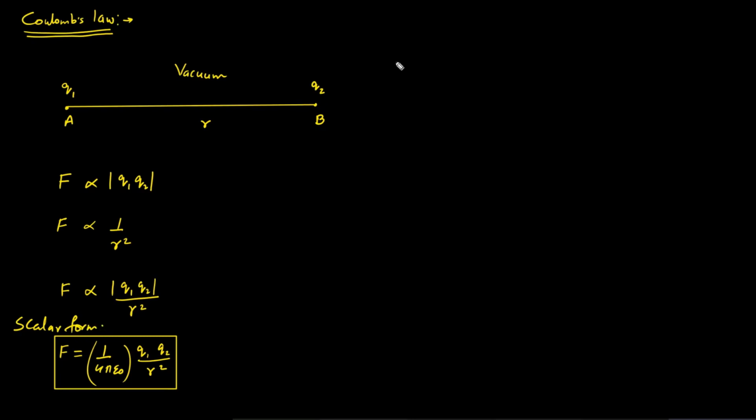Now over here, the value of 1 upon 4 pi epsilon naught is a fixed value, which is nothing but 9 into 10 raised to 9 Newton meter square per Coulomb square.